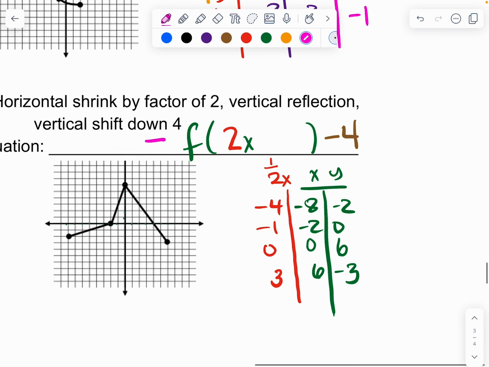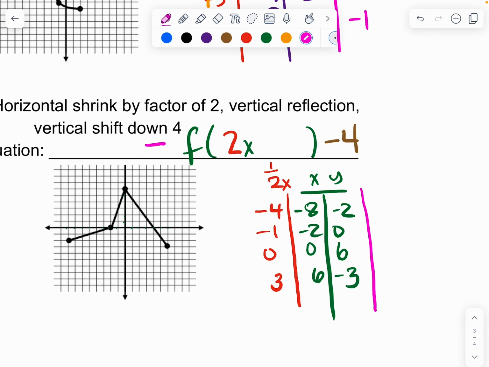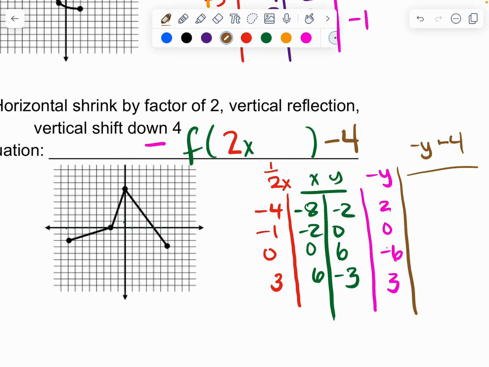Then I'm going to take the opposite of y. So that's 2, 0, -6, and 3. And then the last part, I'm going to subtract 4 on each one of these. So -2, -4, -10, and -1.